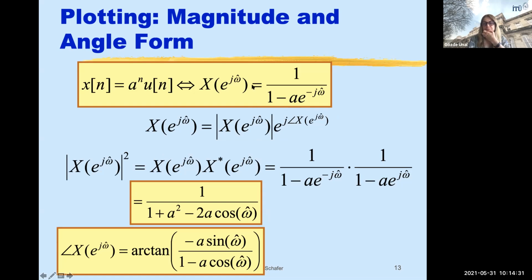To find its magnitude, we can take the Fourier transform and its conjugate, multiply them, because then I can always take its square root, right? And here, apply the Euler formula, guys. Open this up by cosine, sine, cosine, sine.